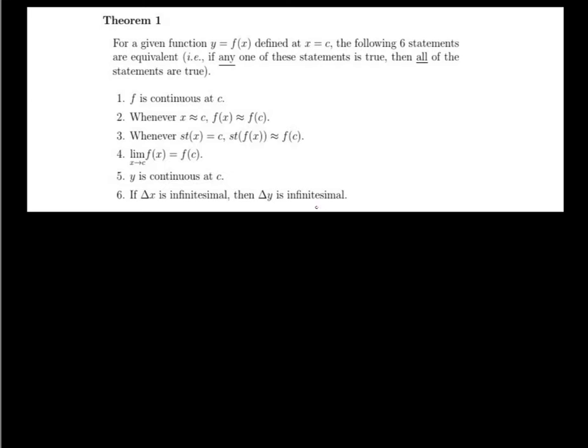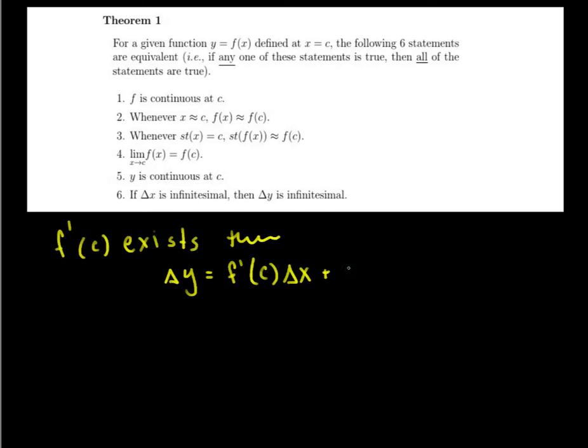But remember that if f prime of c exists, so it's differentiable at this point, then we know that delta y can be written as f prime of c times delta x plus epsilon times delta x, where delta x is an infinitesimal and epsilon is an infinitesimal.